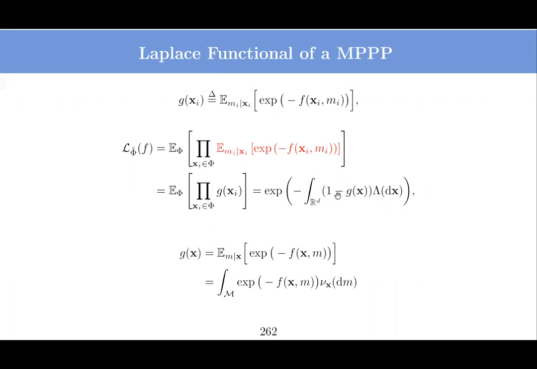Now what remains is to compute this g(x). g(x) is the expectation of this function, so it is just the integral of exponential of minus f(x, m) times nu(x, dm). This is the probability distribution of m, integrated over the whole mark space.